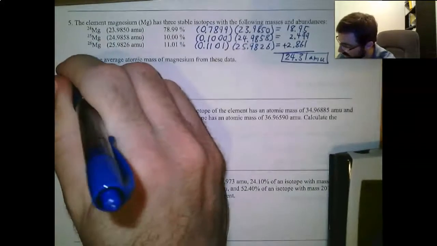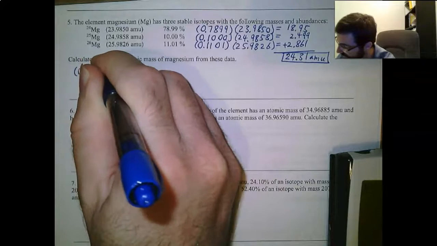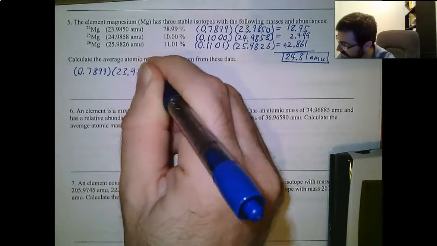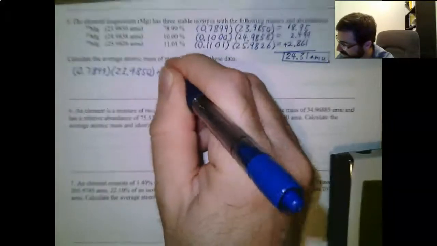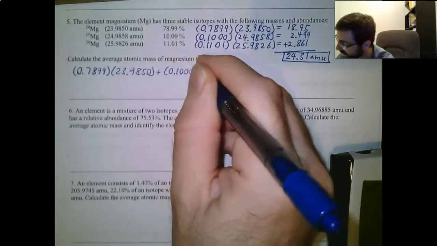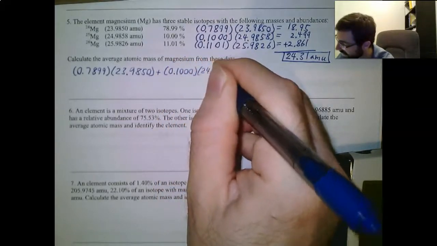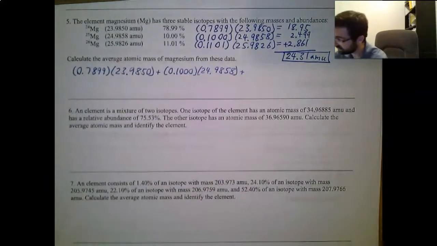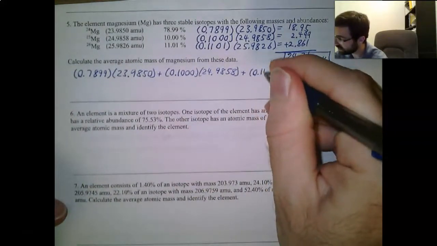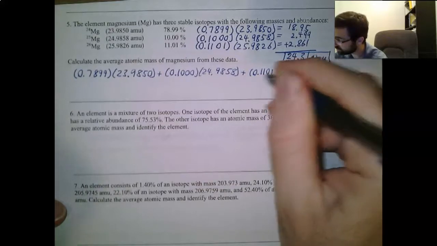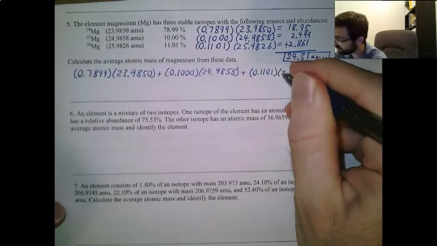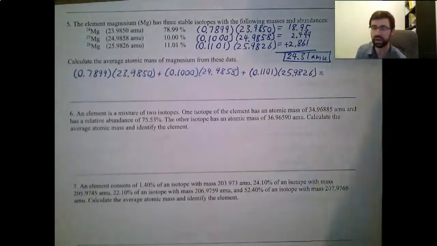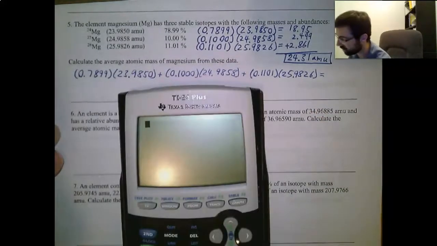You can put 0.7899 times 23.9850 plus 0.1000 times 24.9858 plus 0.1101 times 25.9826 equals, and you can do that in your calculator all in one step. That's the fastest way to do it.